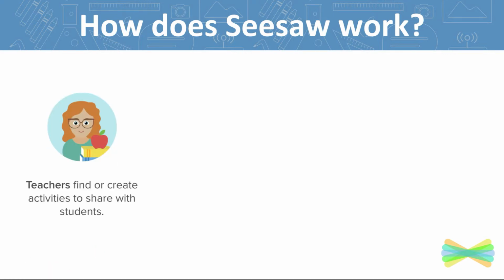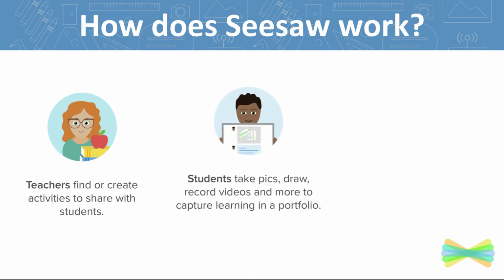So how does SeeSaw work? Teachers can create their own activities or find one that is suitable from the extensive library. All of these presentations can be edited to suit the needs of the class. A critical part of the process is that students read and follow the instructions, which are heavily supported by images, so that students of all ages are able to engage with SeeSaw.